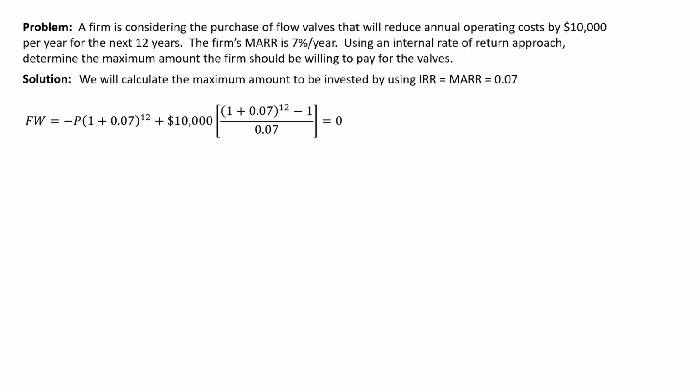I need to clarify something, right? Why is it that when we use minimum attractive rate of return, we can find the maximum amount to invest? Does that make any sense to you?